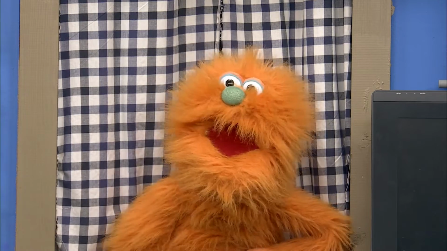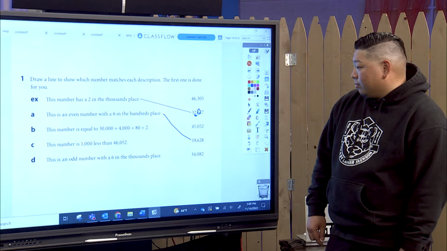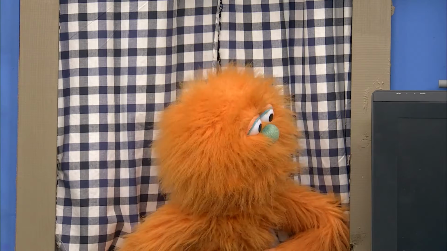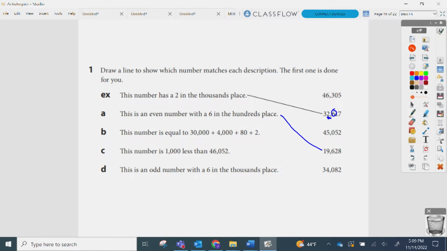This number is equal to 30,000 plus 4,000 plus 80 plus 2. That sounds super complex, but if you just look at the numbers and the place values, this is not too hard. It's just putting them all together. We have a 3 in the 10,000s place. We have one here, but we already used that one.